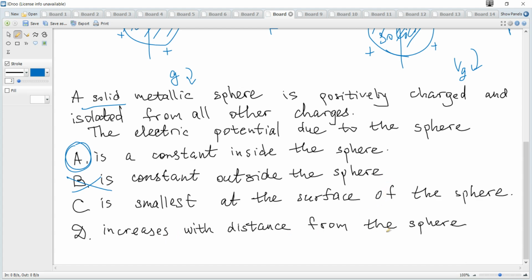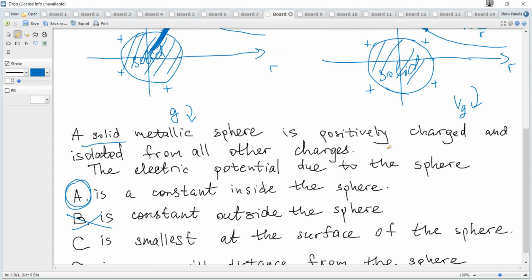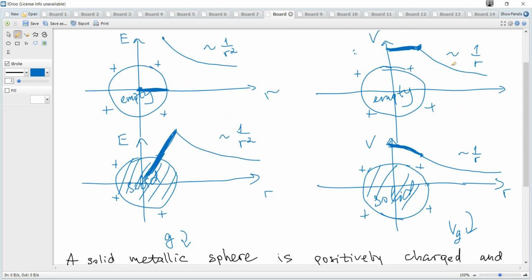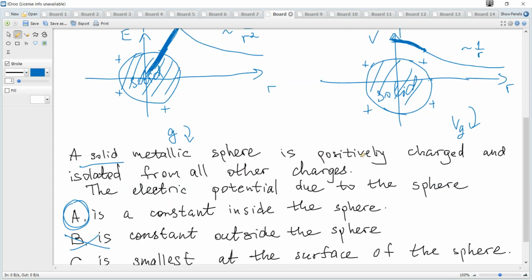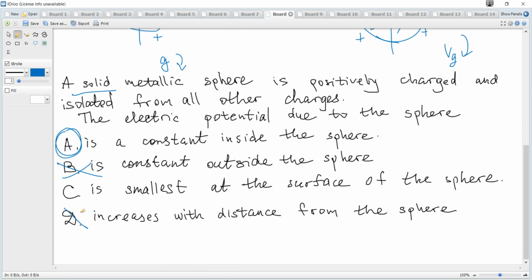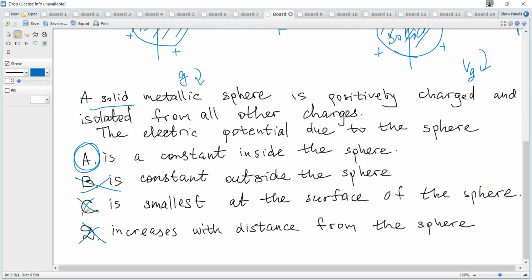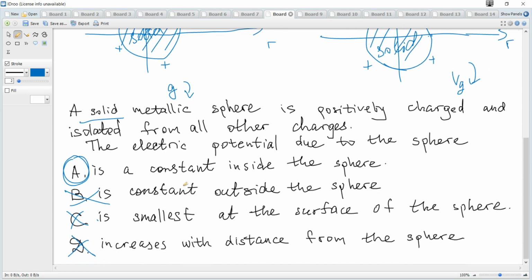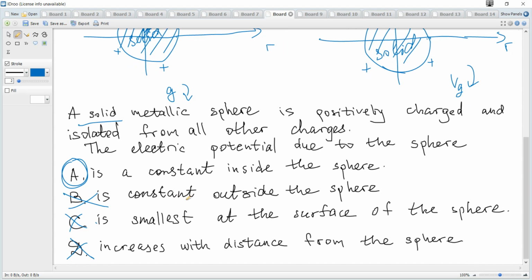Does it increase with distance from the sphere? No, if it is a positively charged sphere, it decreases, not increases. So here A is correct, and that's all for this question.